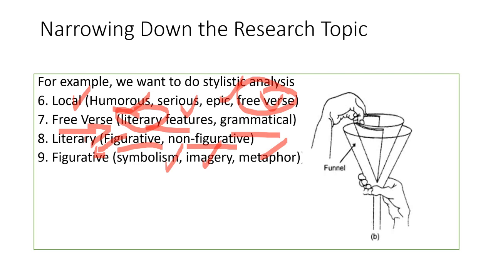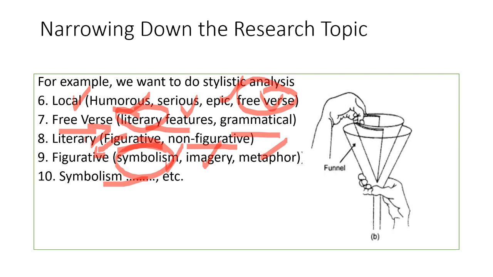Let's suppose we have selected symbolism. So in symbolism, what are we going to discuss? Symbolism as a representation of some power or other concepts, whether the poet deviated from the normal traditions and norms, or followed traditions.